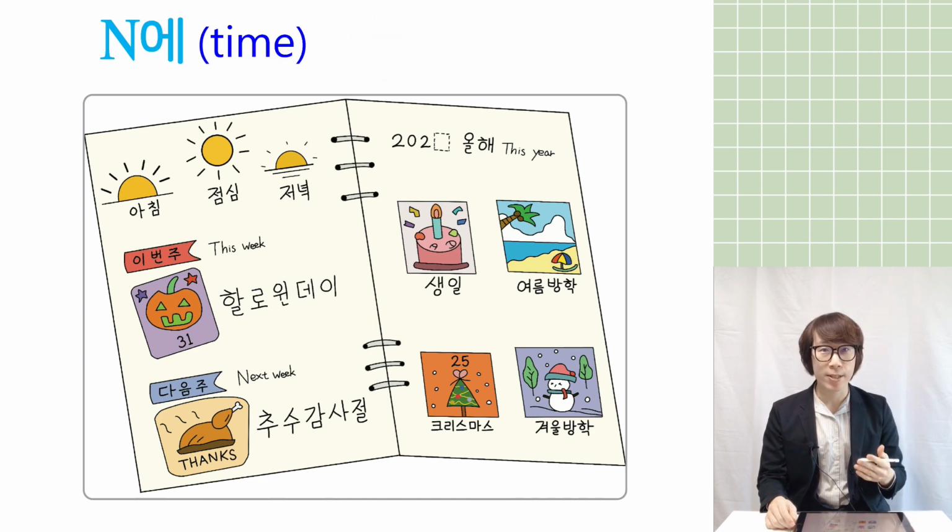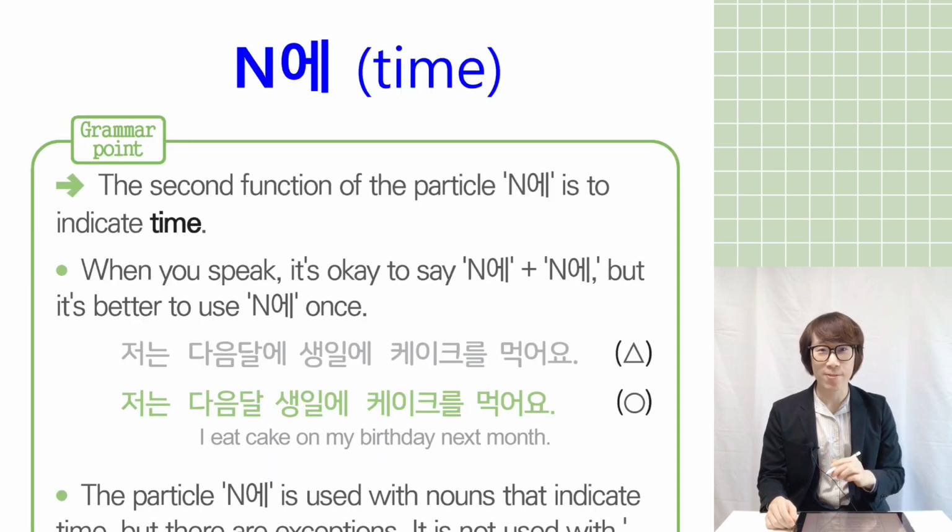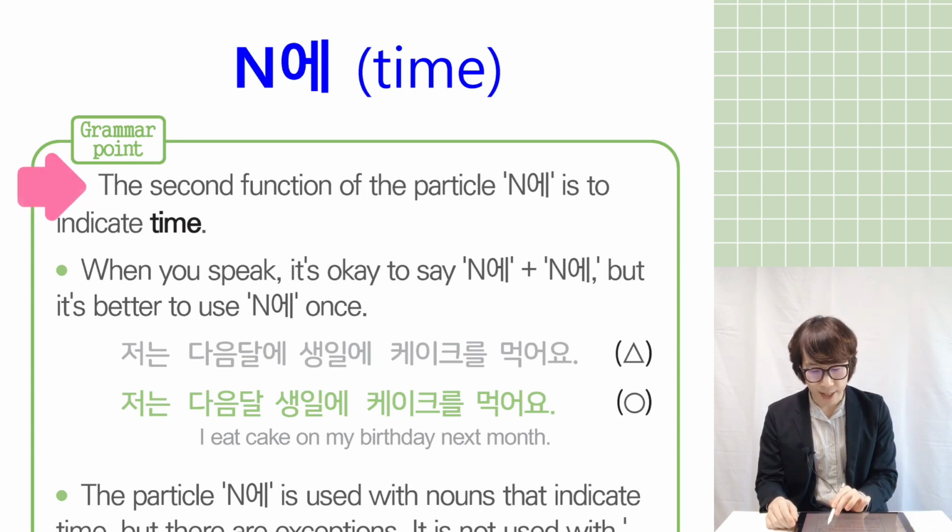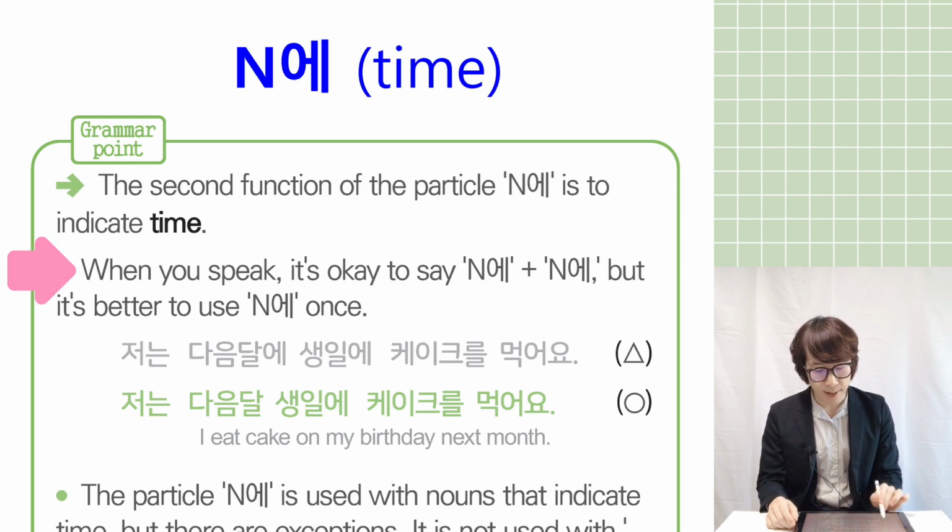So every time when you say time, like Christmas, 생일, you have to add the time indicator noun-에. So let's check the noun-에 time indicator. Can you see here? The second function of the particle noun-에 is to indicate time. When you speak, it's okay to say noun-에 plus noun-에, but it's better to use noun-에 once.